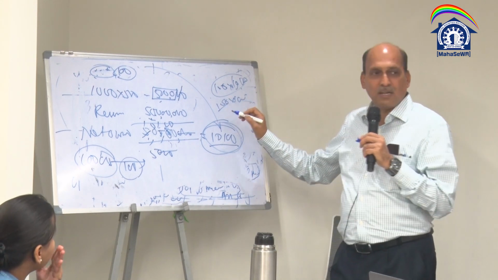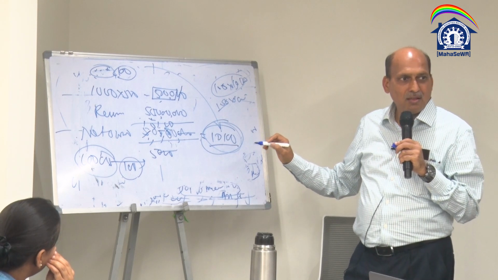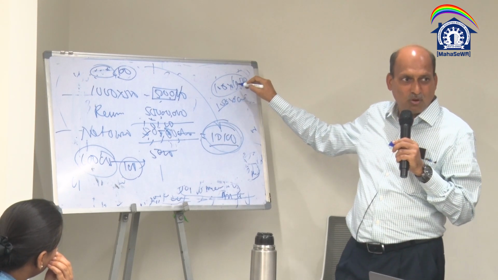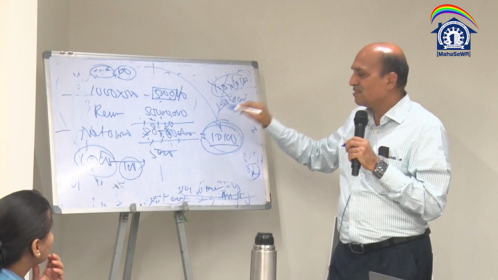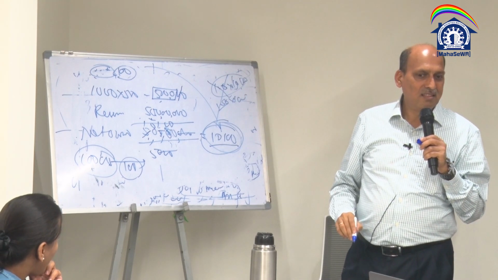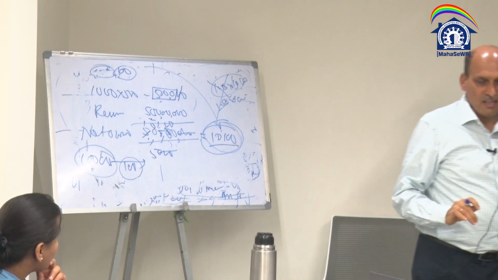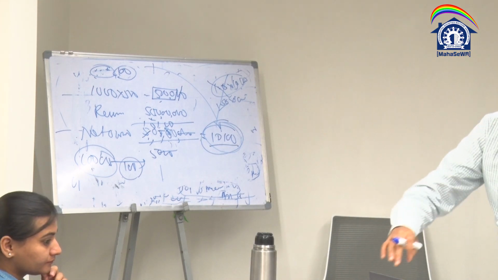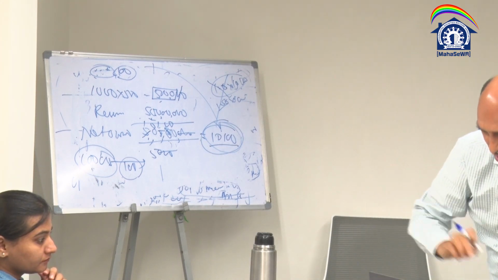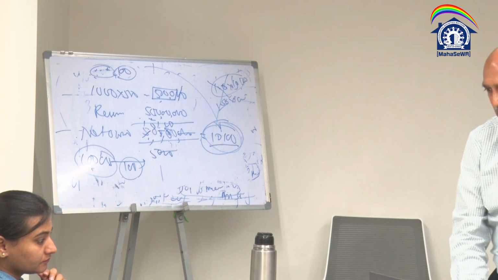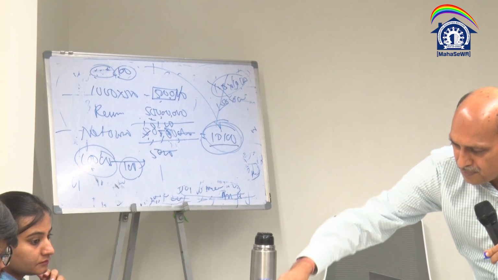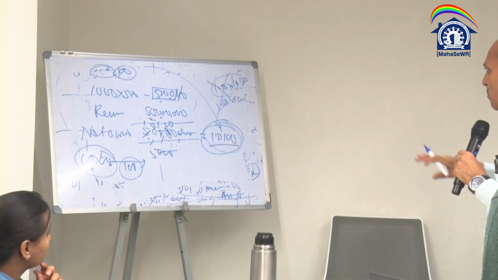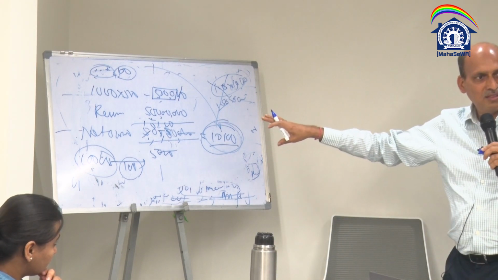100 shares multiplied by 10,100. That is what you want. Okay. That is not the case. That is not the case. In the cooperative society, you have come together for a common purpose.